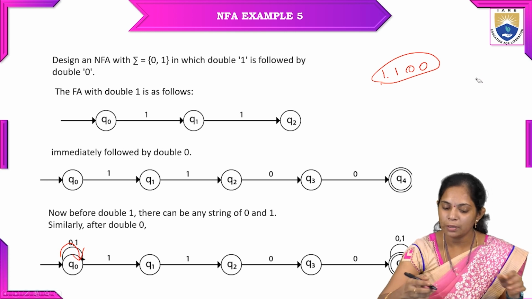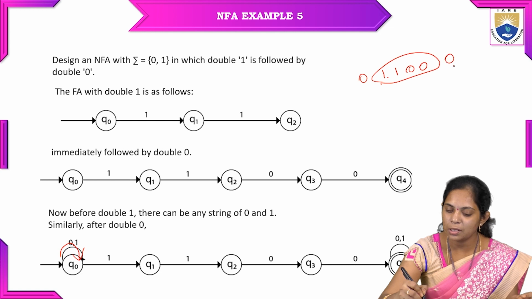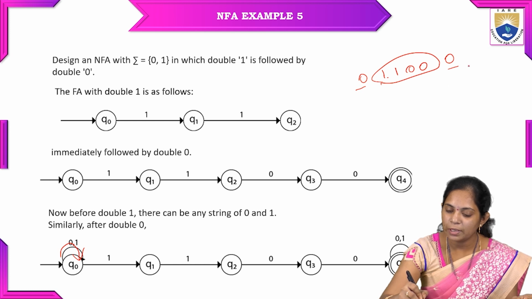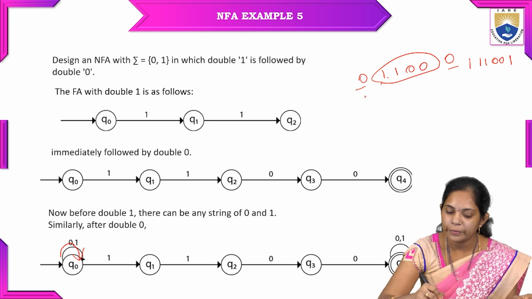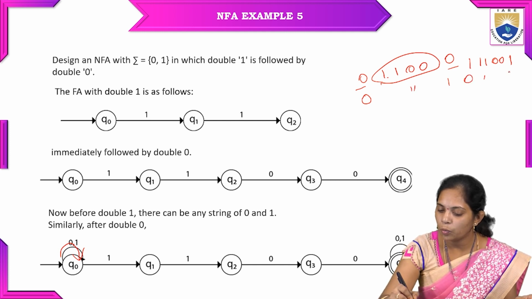For this one, we can add 0 and 0, so both the starting state and ending state are fine. The same thing, we will add 1, 1, 1, double 0 and 1. Also the starting state is 1 and the ending is 1. And the same thing with 0 and 1.